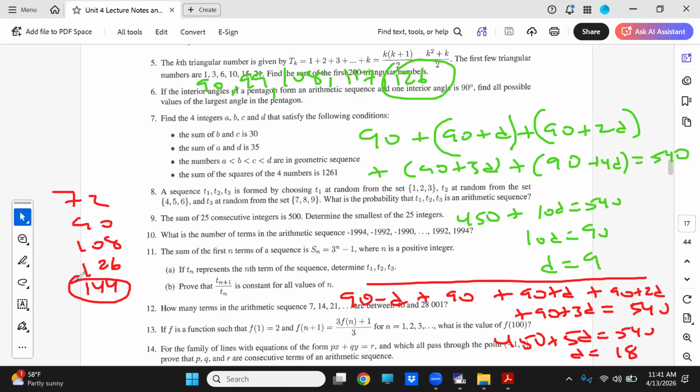I'm pretty sure 90 is not going to be the biggest angle. That's for sure. Could 90 be the middle, and how do I know that I've exhausted this? Because what if you get a negative angle? That's a problem, right? Can't have a negative angle. So then I would try 90 as the middle, right? Let's see if that could happen. What if 90 is the middle?